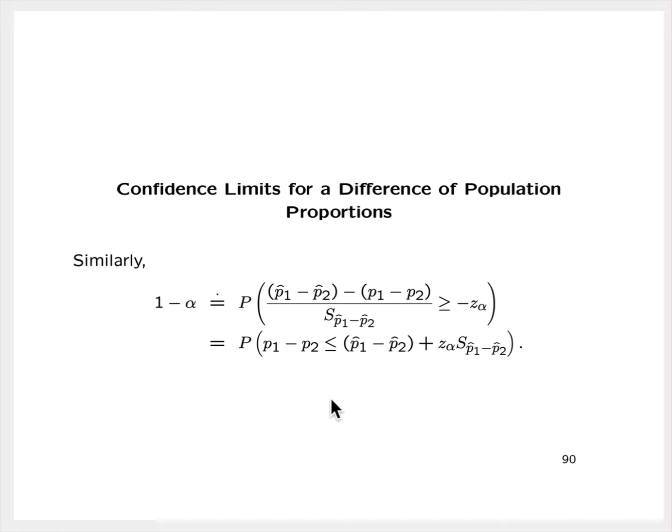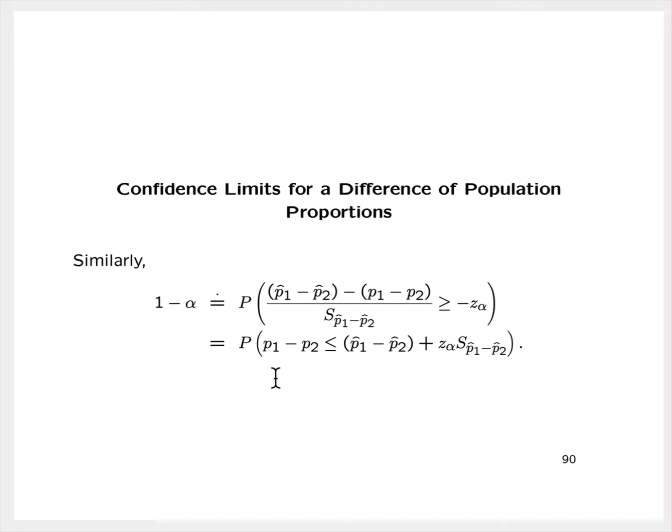Okay, similarly, the probability that this standardized version of P1 hat minus P2 hat is greater than or equal to negative z sub alpha is approximately equal to 1 minus alpha. We can rearrange the quantities inside the parentheses to get P1 minus P2 on one side of the inequality all by itself.